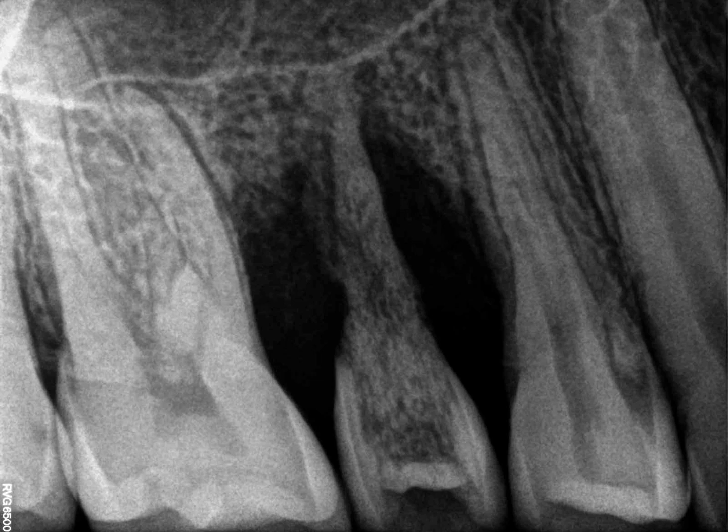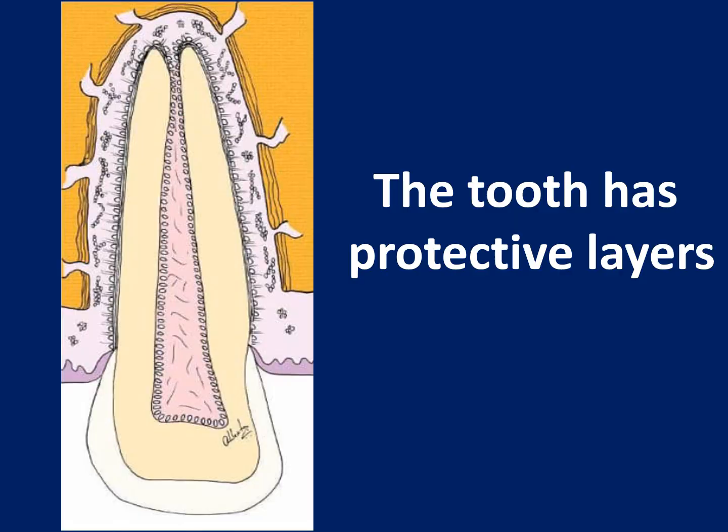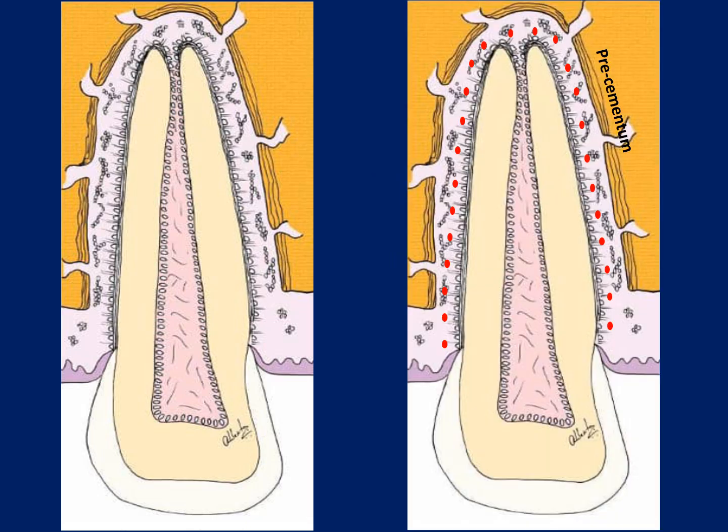Many teeth may have external resorption or maybe internal resorption that will affect the shape and the surrounding structures of the tooth. The tooth has protective layers against this resorption.